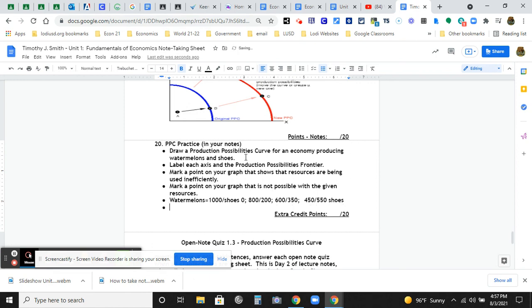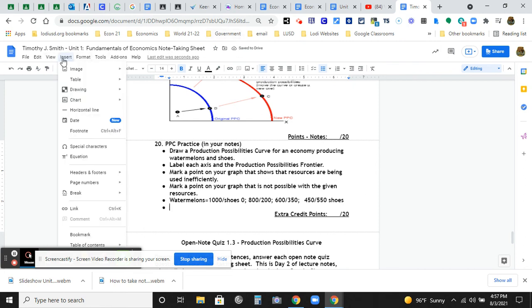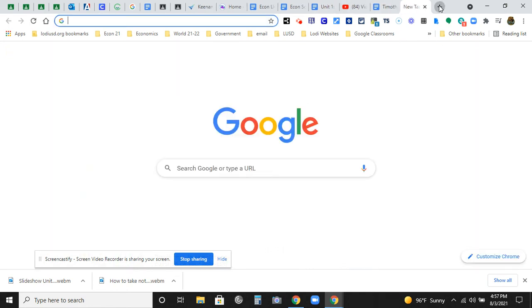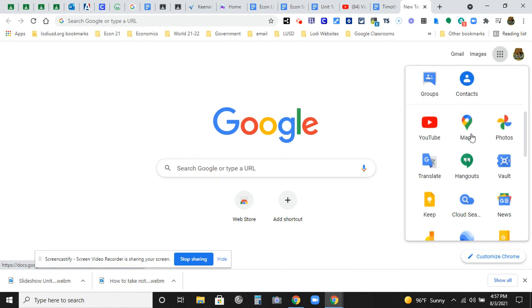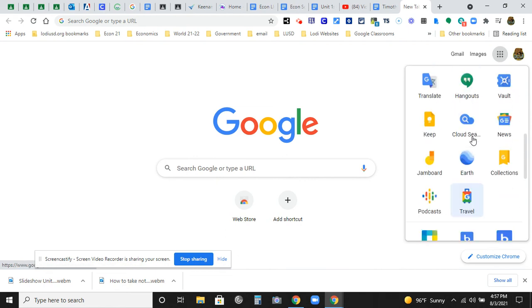Now I got ratios. How am I going to draw this in? Insert. I think I got some drawing tools. But what if I try here? And I think there's a drawing app.